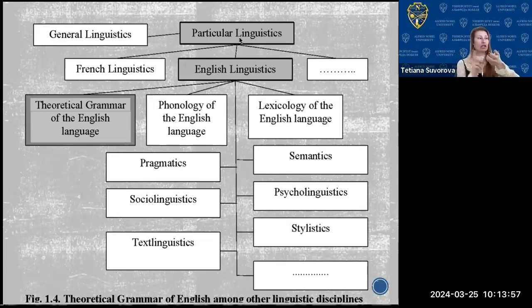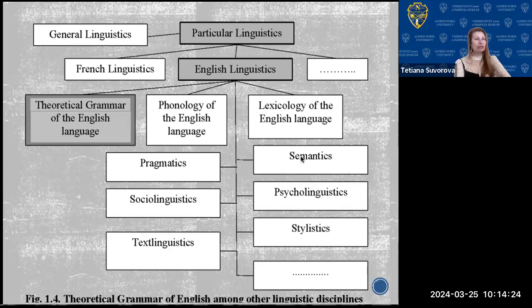It covers and describes and organizes and prescribes, for example, the usage of some languages. Then particular linguistics and particular grammar, for example, of the English language. So when we move to the English, here we can speak about theoretical grammar, for example, or practical grammar, or I don't know, descriptive grammar, and so on.